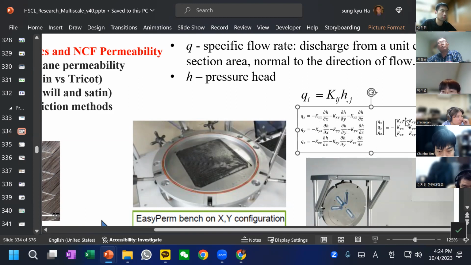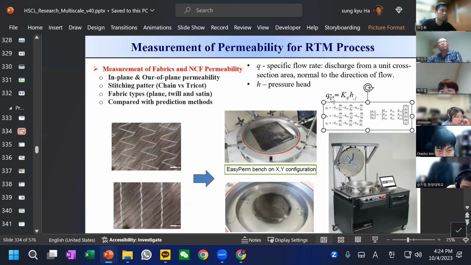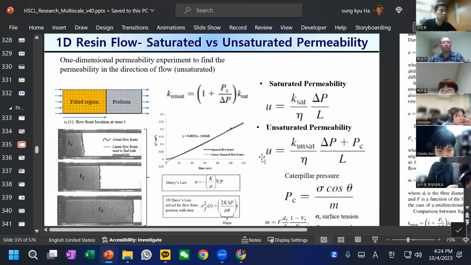Now, depending on how they flow, there are relations. This is the resin flow rate, and this is the pressure head. There is the coefficient called K. K is the permeability. So we need to understand this permeability to better predict how the resin flows. This is a special machine, but this machine is nothing but just letting the resin flow, and then using the camera, we measure how the resin flows.